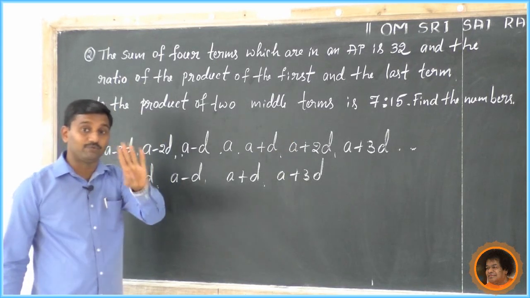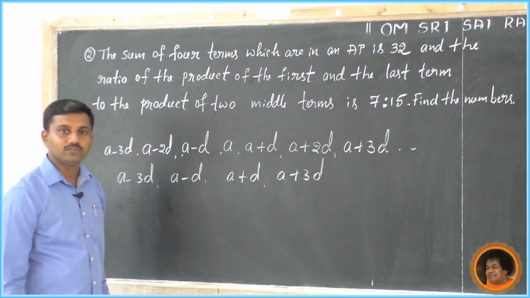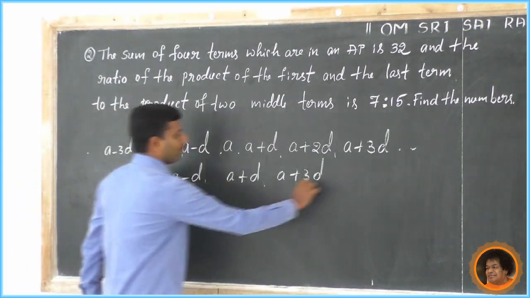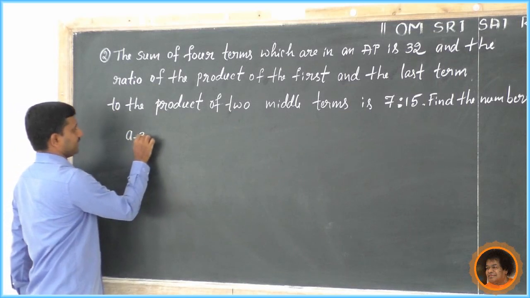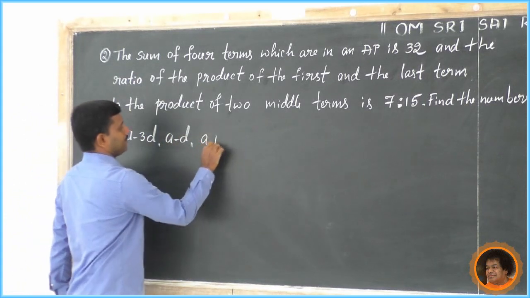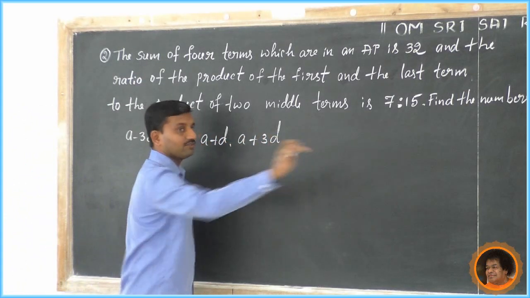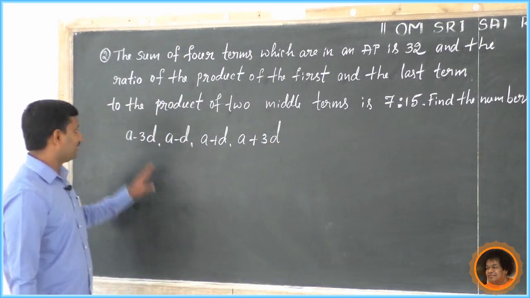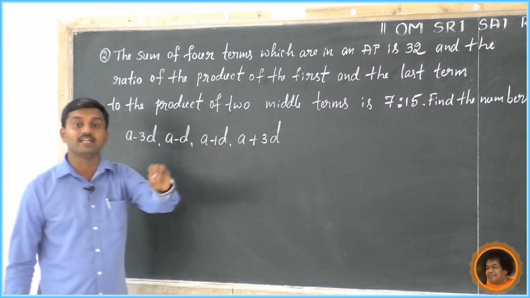Suppose the 4 terms are given, their sum or product or whatever it may be, you have to consider these are the 4 terms. So let the numbers A minus 3D, A minus D, A plus D, A plus 3D be in AP.